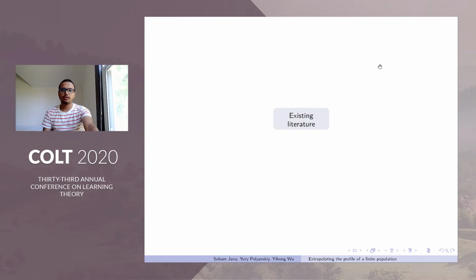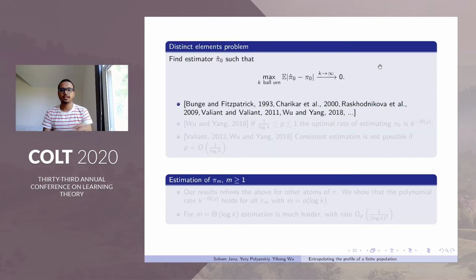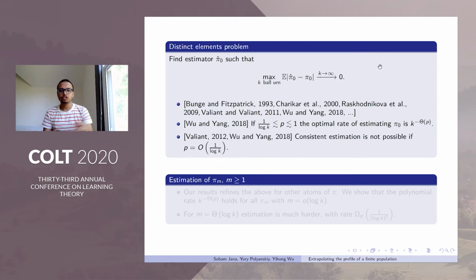So we first note some existing work that is related to our paper. We first note the distinct elements problem, which is equivalent to estimating pi naught and has been dealt with before by a long list of work. We note that Wu and Yang in 2018 show that when p is much larger than 1 over log k, then the optimal rate of estimation is polynomially small in k. They also show that when p is much smaller than 1 over log k, then consistent estimation of pi naught is actually not possible.